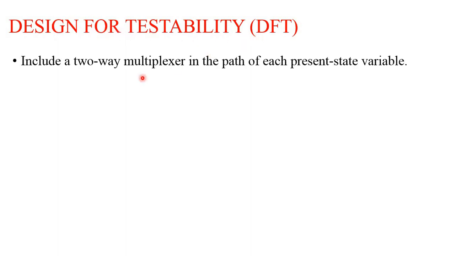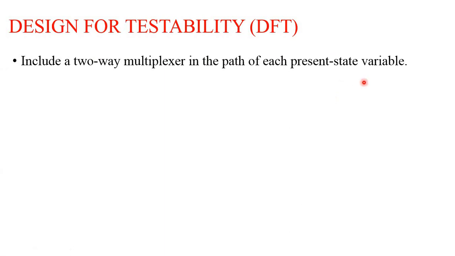The first approach is design for testability. Here we include a multiplexer, a two-way multiplexer in the path of each present state variable.